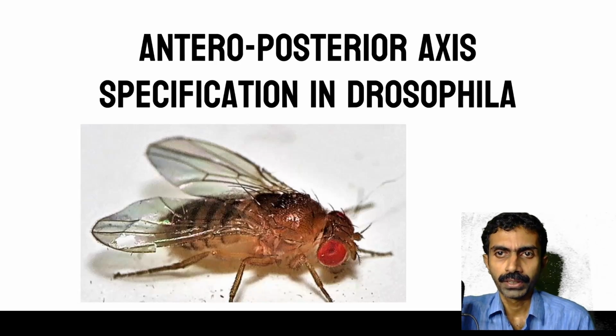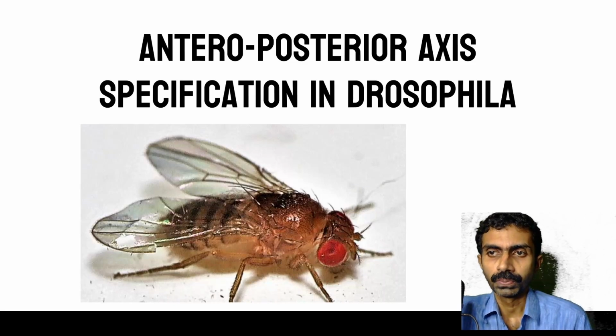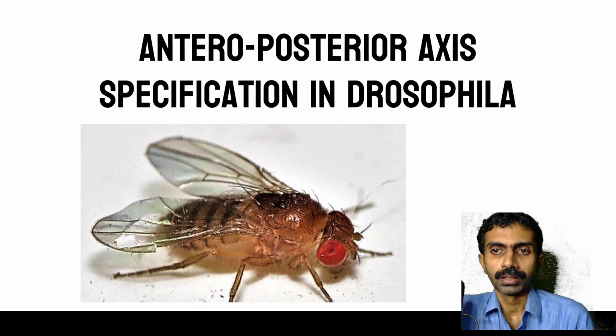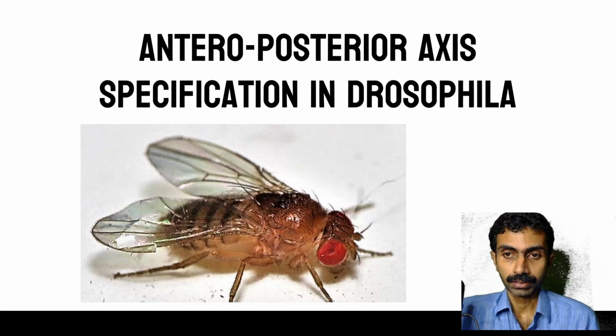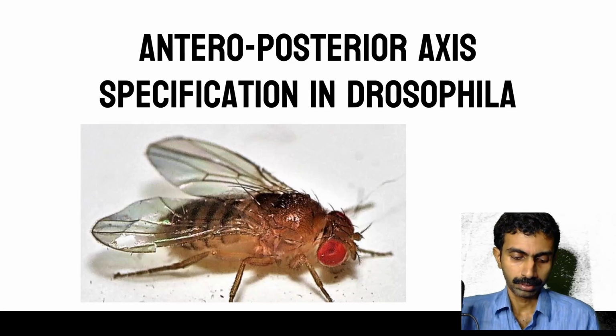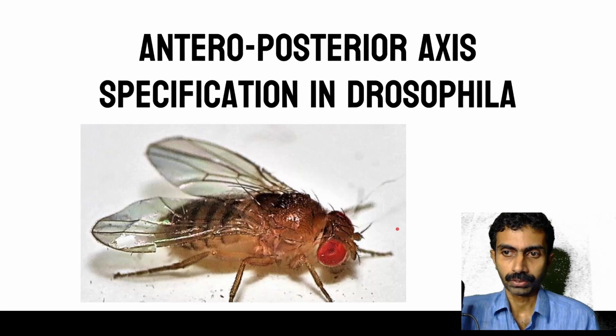So the topic today I'm going to discuss is the anterior-posterior axis specification in Drosophila. This topic is very important, as I said, and you can see here that the Drosophila has a head region, and this is the anterior region.